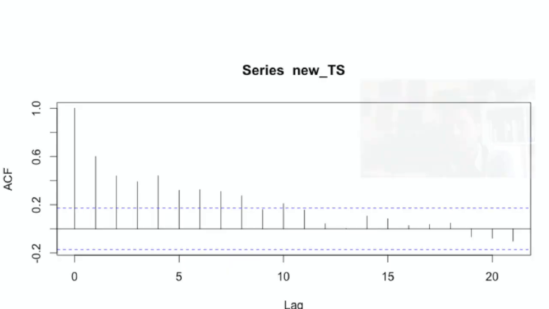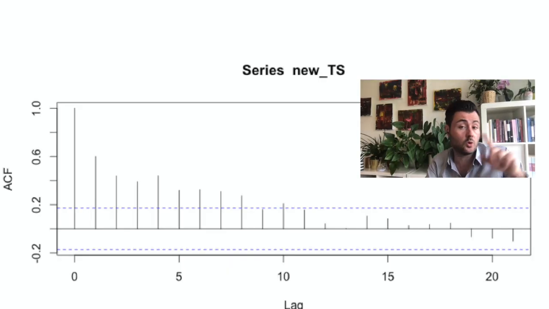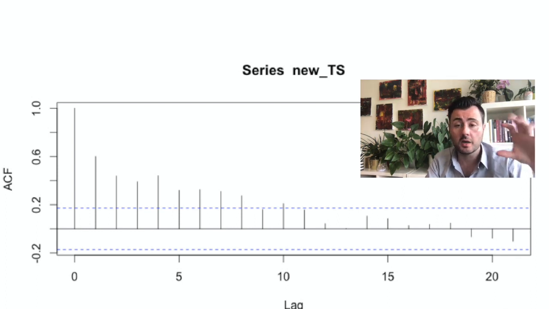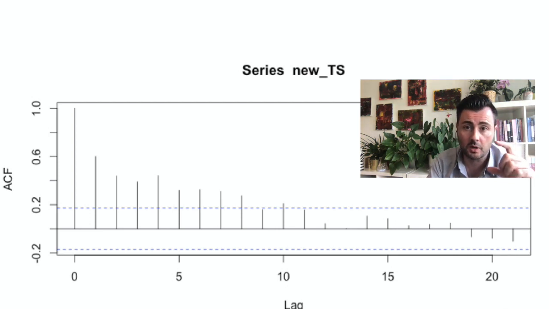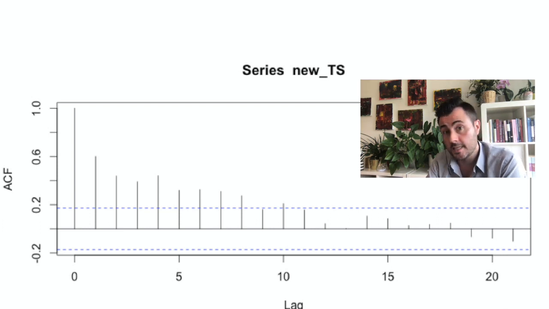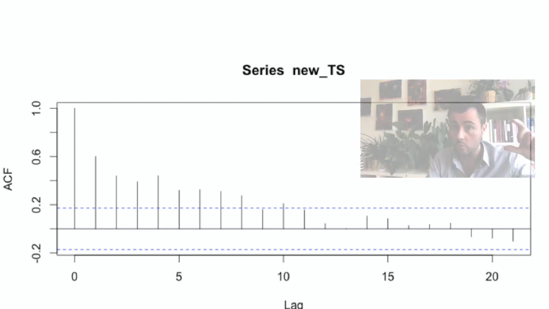There is one last thing that I want to tell you, and it's related to the ACF plot. Now, in all the ACF plots that we have considered, if you go back in our lesson, you will see that the first bar is always extremely significant and equal to 1. But don't be fooled by the plot, because that first bar corresponds to rho 0, which is the correlation of xt with xt, so it is trivially equal to 1.